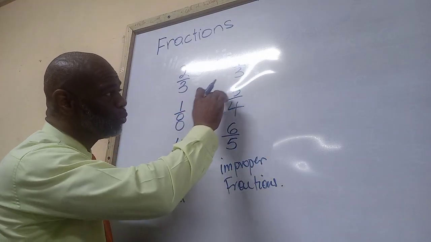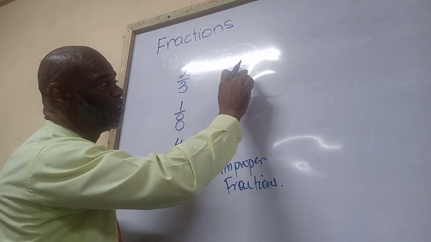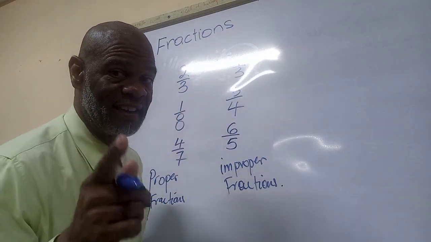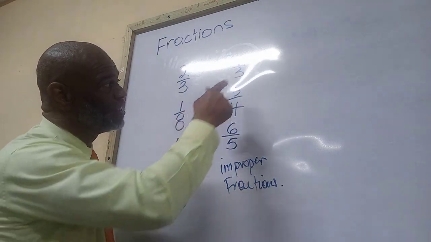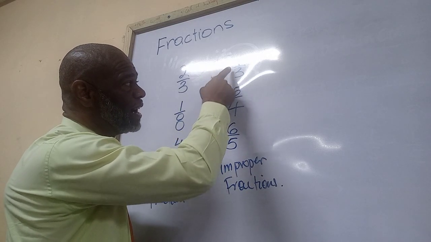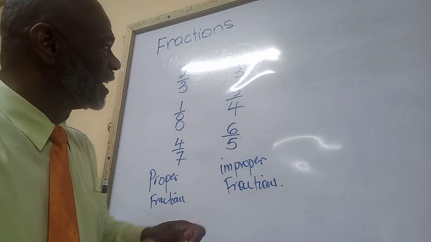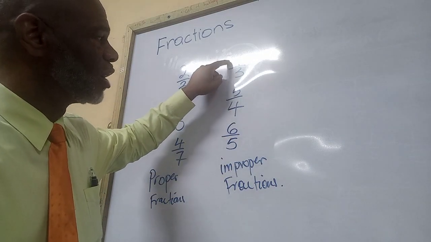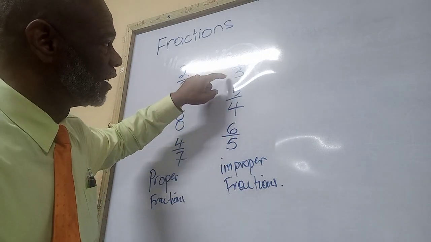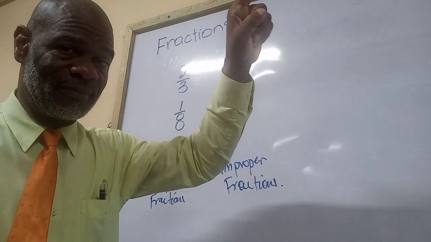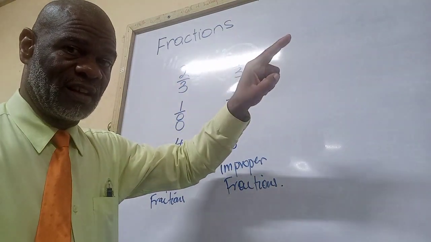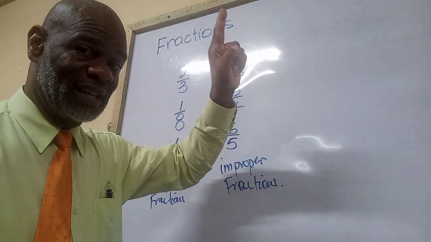So if we simplify it, we are going to divide. We are going to divide 4 by 3. We ask how many times we can get 3 out of 4. We can get 3 out of 4 one time, and 1 is left.